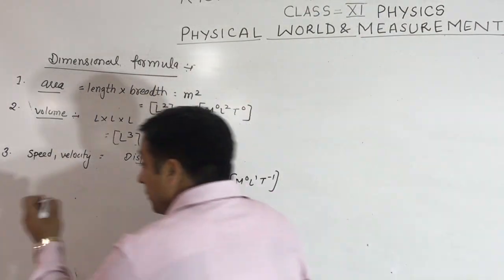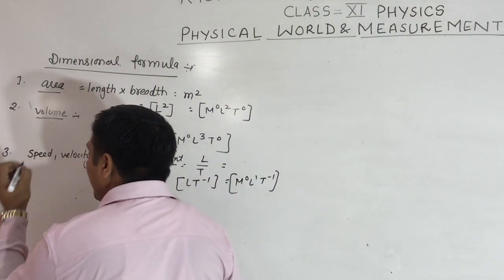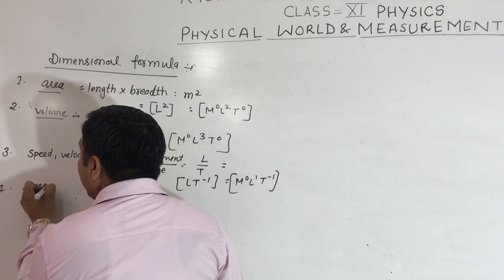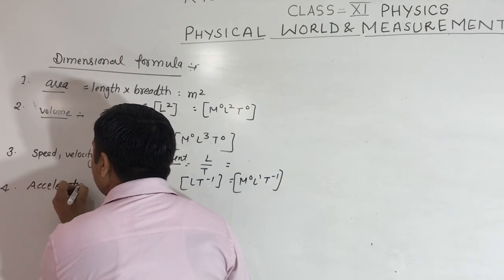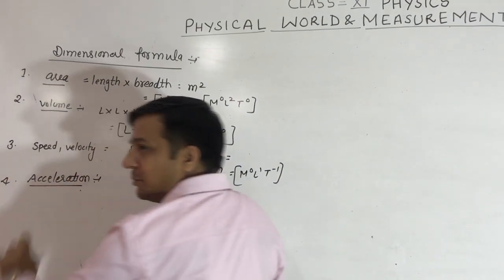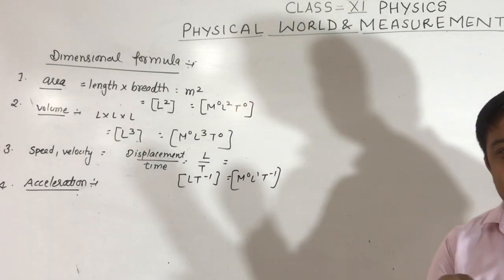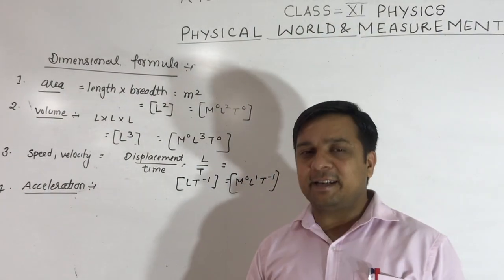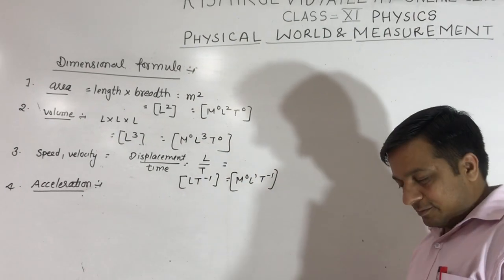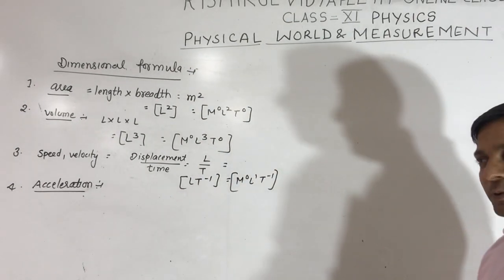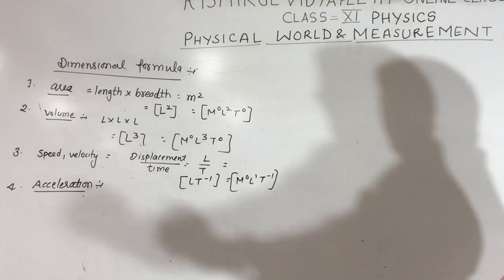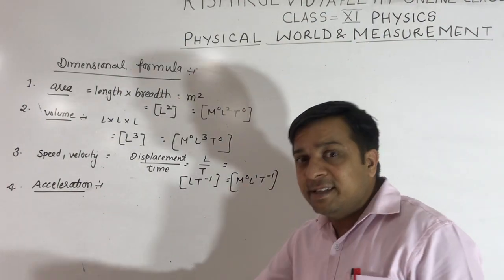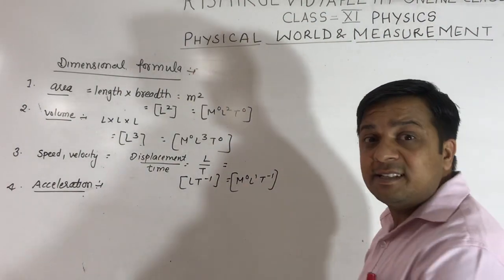Next, from speed and velocity, another formula: acceleration. This is a very important one. Acceleration, how will you accelerate? If I am going with a velocity and suddenly I accelerate, I change the speed, I change the velocity.